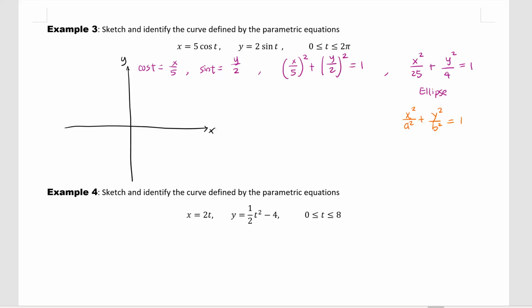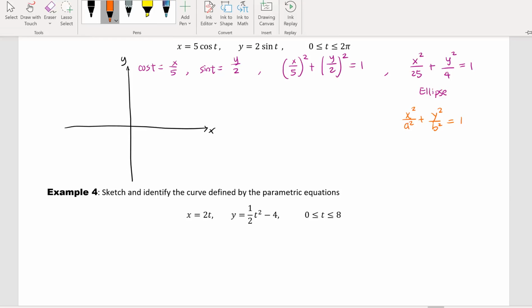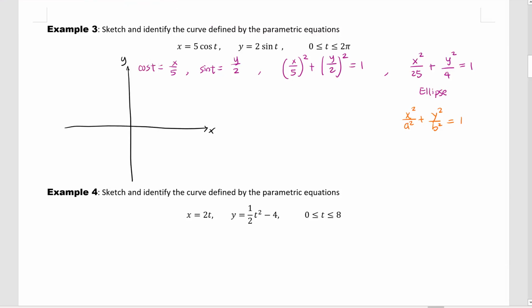In this case, a squared is 25, so a is 5. b squared is 4, so b is 2. So the major axis is on the x-axis, that's why 5 is right here and 2 there. So we connect those points together, and we get an ellipse.